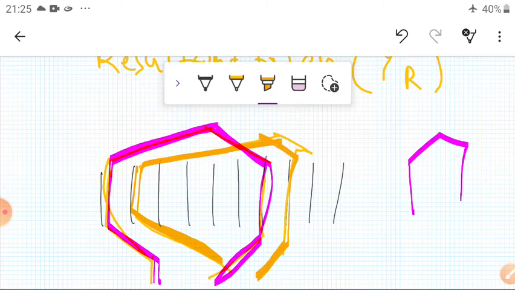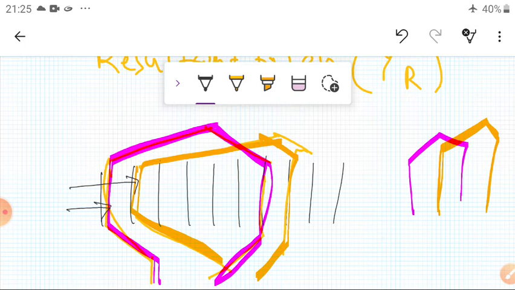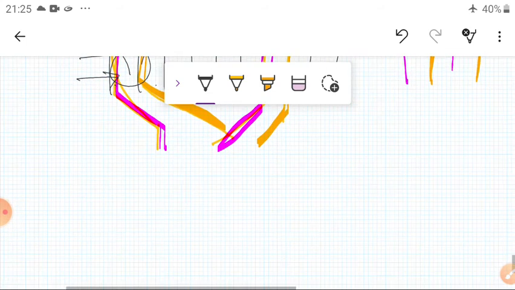Our aim is the distance between this starting and this starting. The distance between the starting of two consecutive coils is known as the resultant pitch YR. These are the things, dear students.